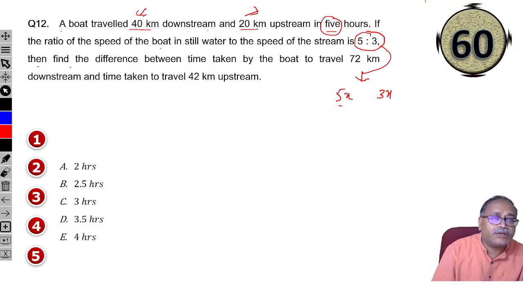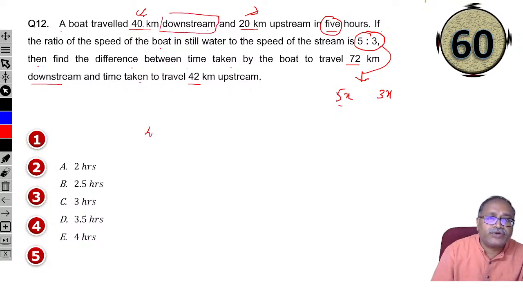Next, find the difference between the time taken by the boat to travel 72 km downstream and the time taken to travel 42 km upstream. The very first thing here, 40 km downstream.